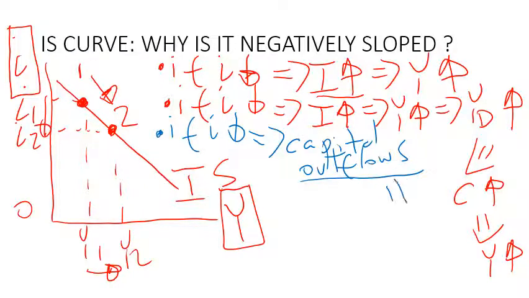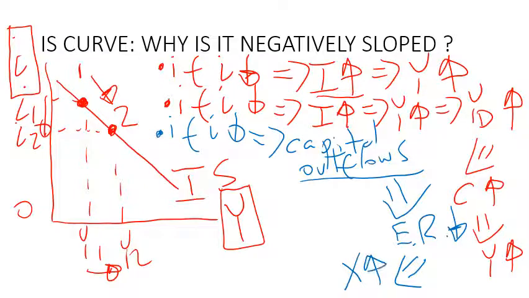And as a result of these outflows, what's going to happen to the ER? ER being the exchange rate, the international value of this currency. Well, the exchange rate is going to fall. And as a result of this exchange rate decrease, exports are going to increase. And if exports increase, then GDP will increase.